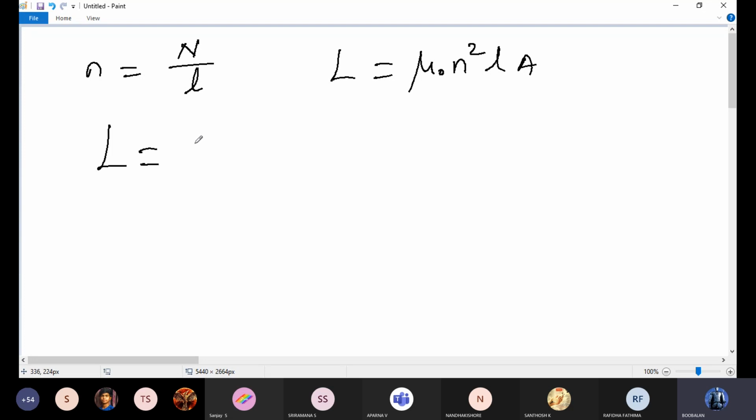So L equals mu naught capital N square capital A divided by L. This is one more relation. That was formula number 1, this is formula number 2.